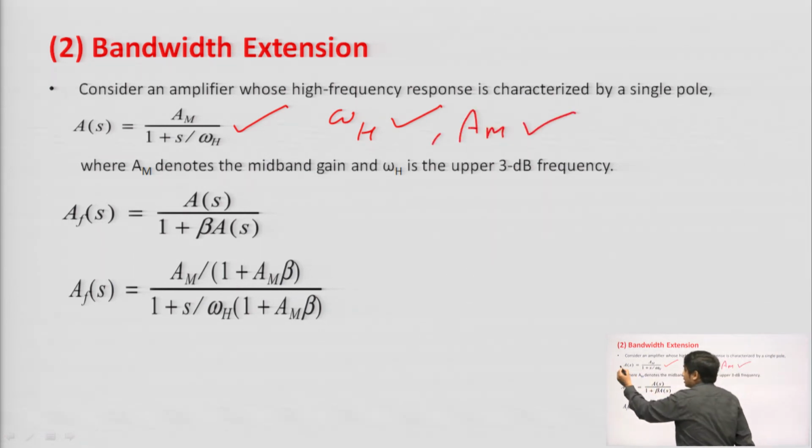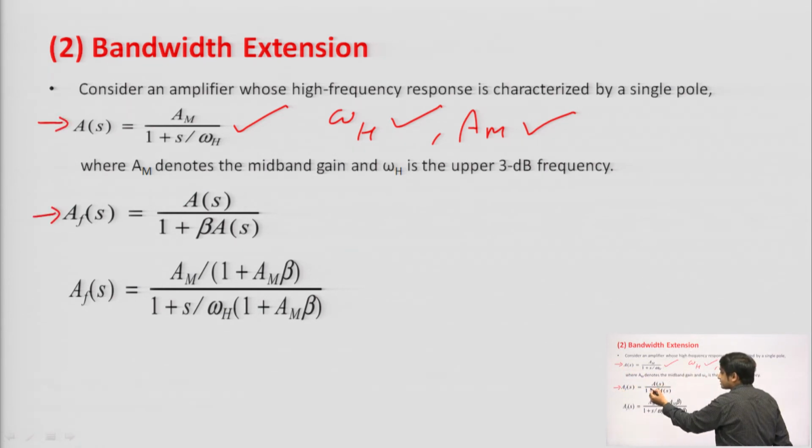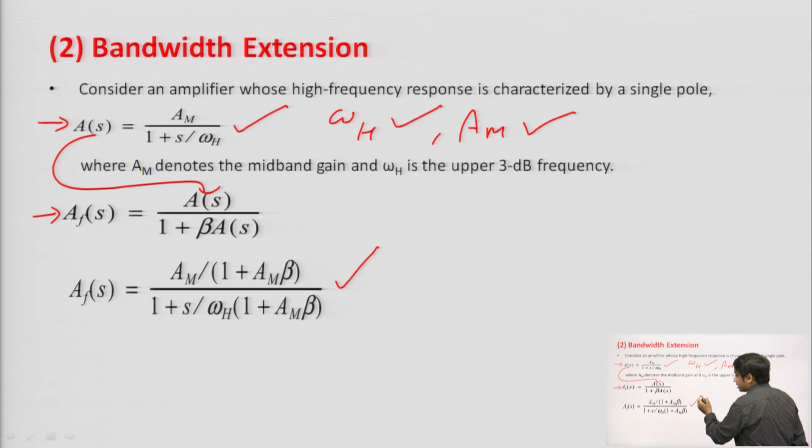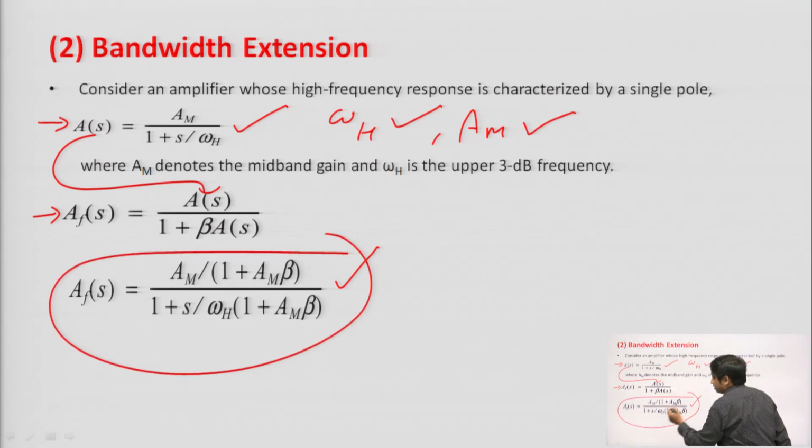This A(s) is the gain without feedback. Now, what is the gain with feedback? It is A(s) upon 1 plus beta A(s). Now, just put the value of A(s) in this expression and rearrange the terms, we will get this. You can see that this is the expression AF(s), that is AM upon 1 plus AM beta, upon 1 plus s upon omega h into 1 plus AM beta.